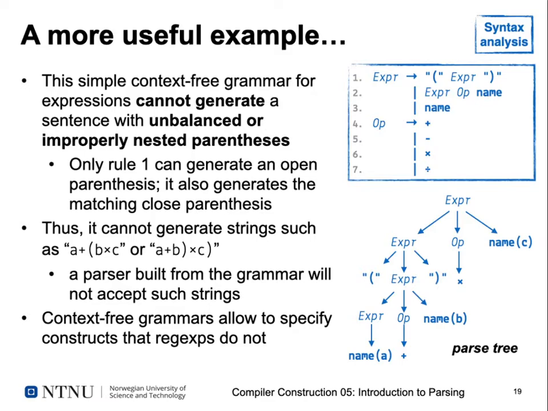So it's unable to generate strings like this one here with just one opening bracket, or this one here with two closing but no opening bracket. A parser, which we built from that grammar, will not accept such strings, so it will print some error message that says, okay, something's wrong with your input.